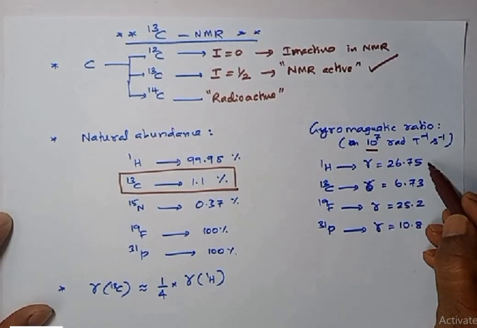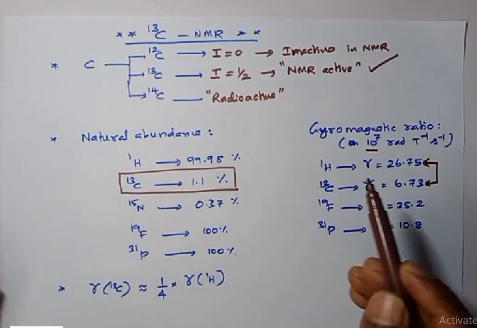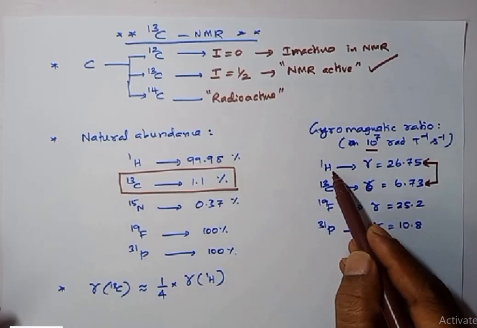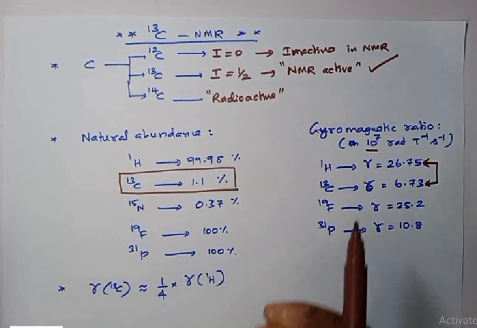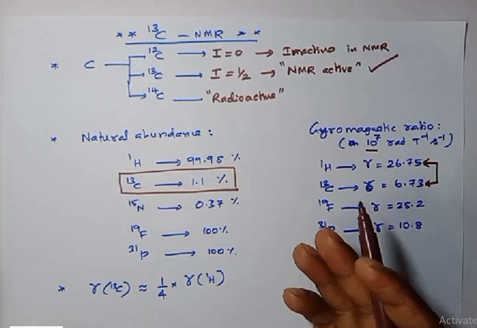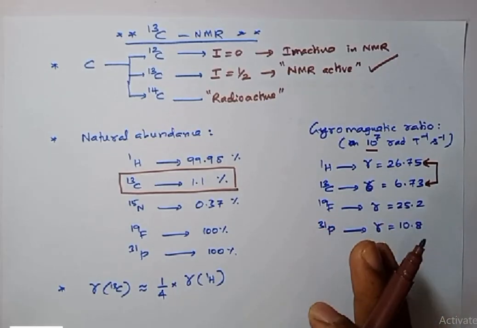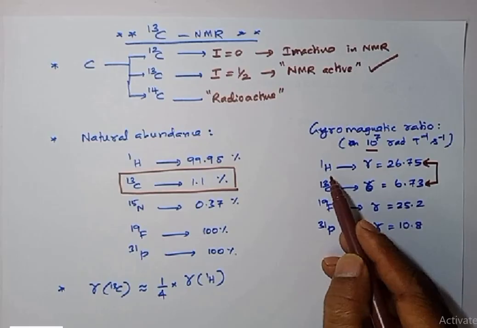Observe carefully, I am going to compare these two because most organic chemists use either proton NMR or C13 NMR. F19 and P31 are rarely used by organic chemists, but they also give information about structure and are very important for inorganic studies. Generally, organic chemists prefer these two.